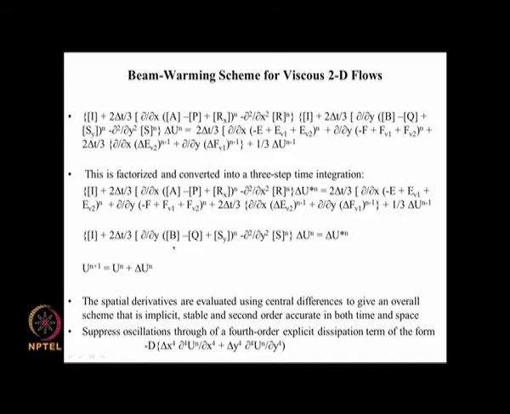One of the ways that was suggested early on, in the mid 1970s and early 1980s, was to introduce an explicit dissipation term, a fourth order term like this, which can suppress those undue oscillations which arise because we are making use of central schemes for the space derivatives which are second order accurate.